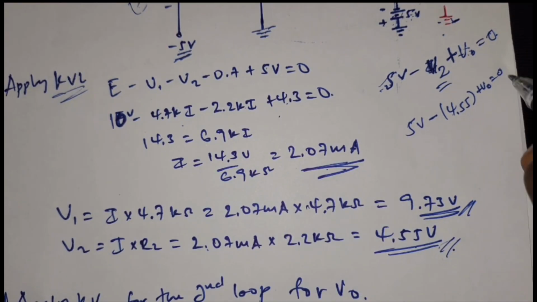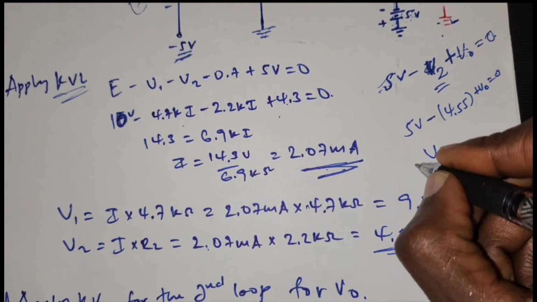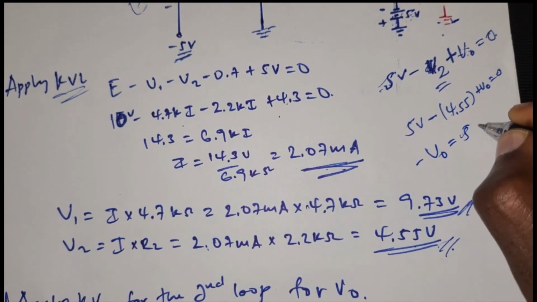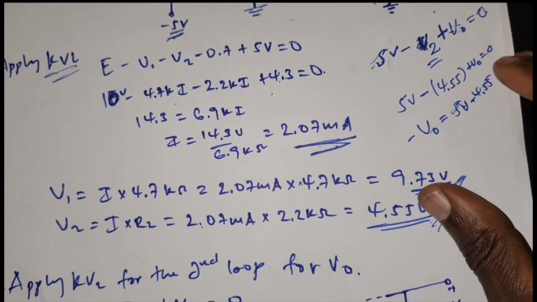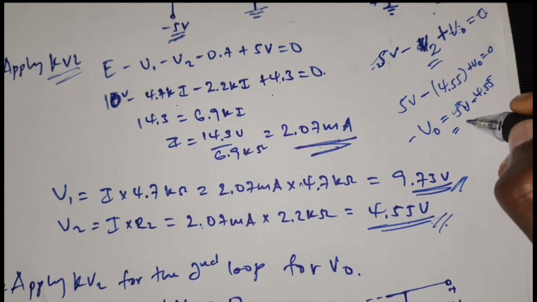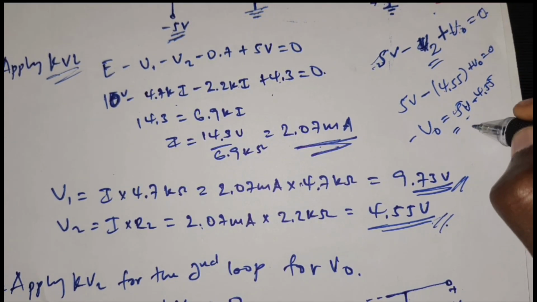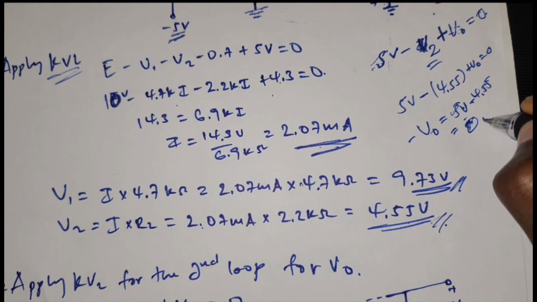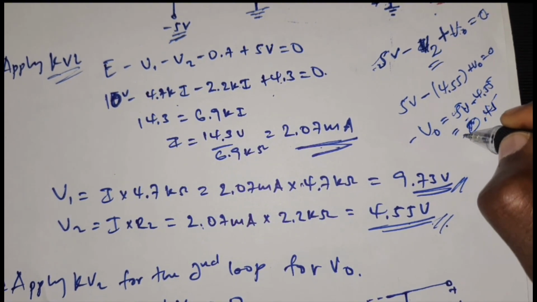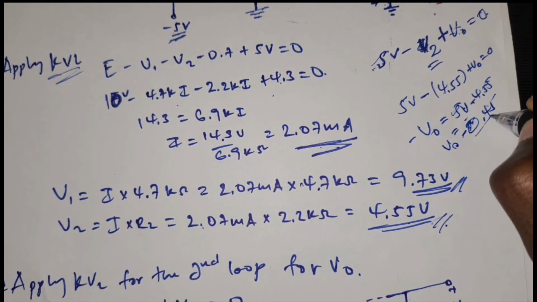We take V output to the other side: minus V output is equal to 5 volt minus 4.55, which is equal to minus 0.45. V output is equal to minus.